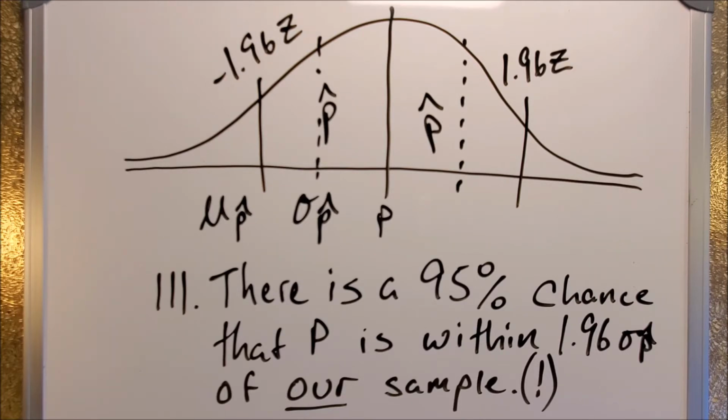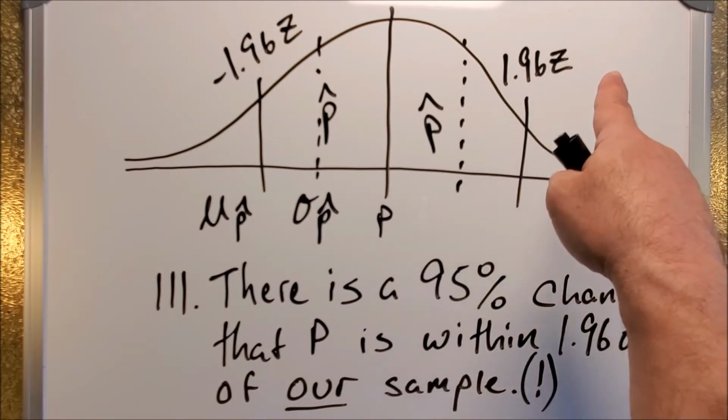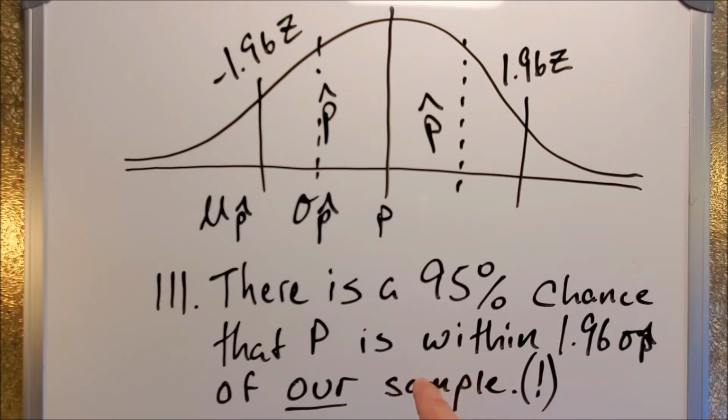If in step 2, we can say that there's a 95% chance that our sample is within 1.96 standard errors of the true population mean, the truth, then that also means that we can turn it around. That's the beauty of distances. That's why we talk about them with absolute value, because they work both ways. If that spot over there is 5 miles from us, then we are 5 miles from that spot. That's true, right?